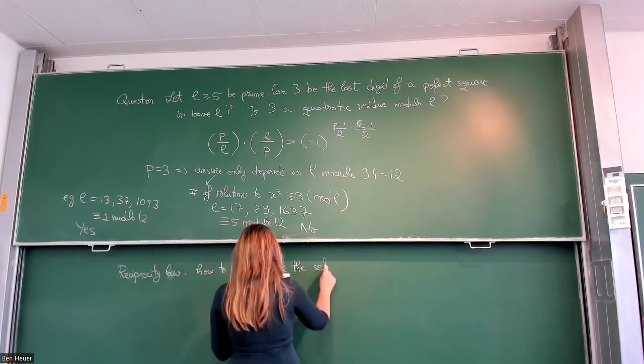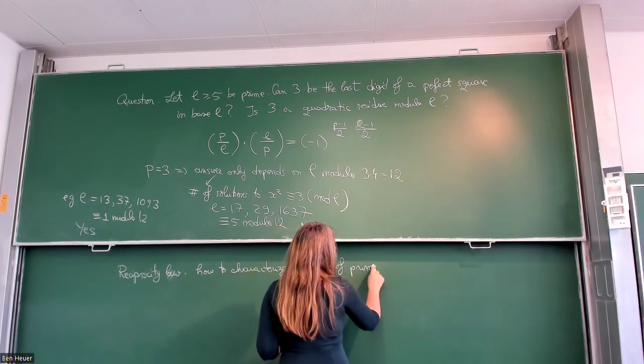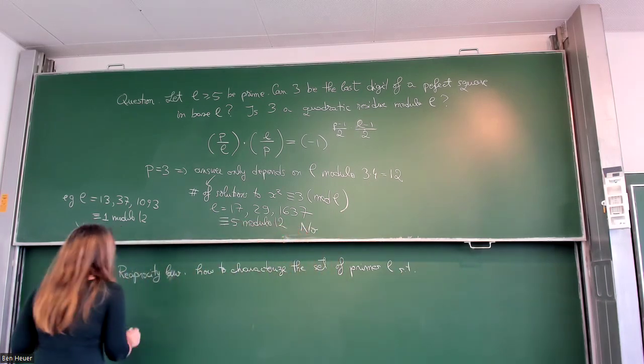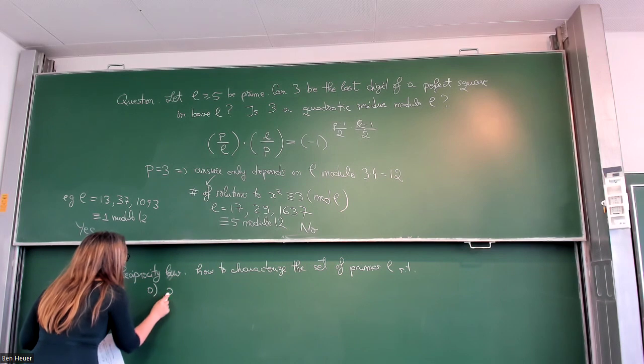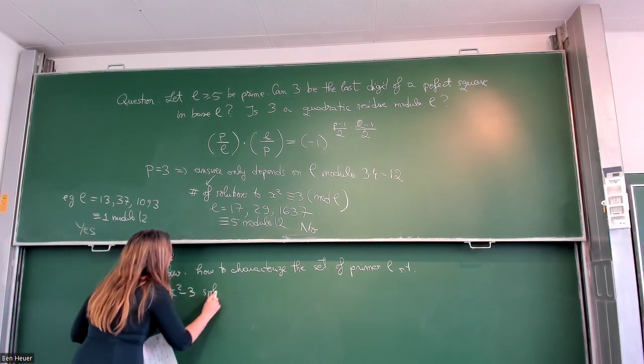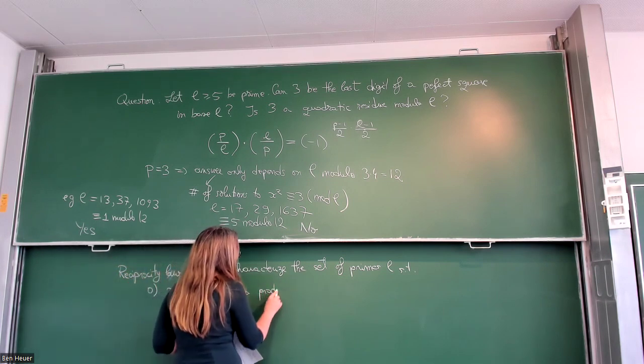So I'm going to start out with how to characterize the set of primes L such that, let's say the first thing is the one that we did, x squared minus 3 splits as a product. I'm going to ask for distinct linear factors.